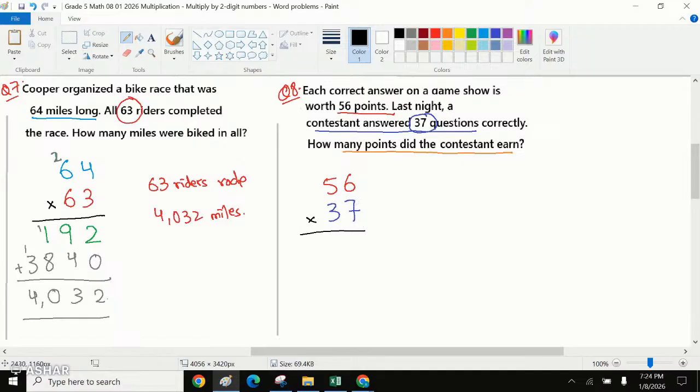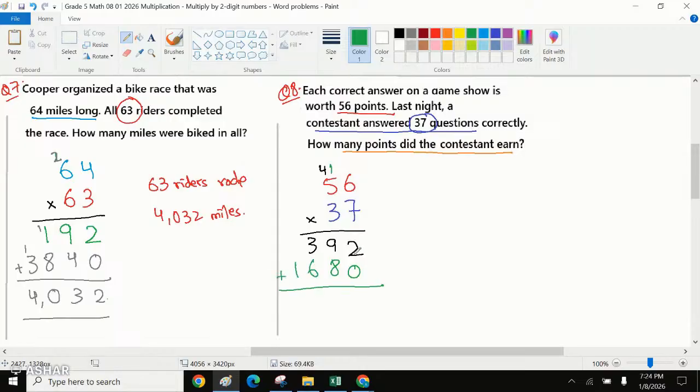6 times 7 is 42. You put down the 2 in the units, we carry the 4. 5 times 7 is 35, plus 4 is 39. The next part, we put a 0 in the units. 3 times 6 is 18 and 1 is carried. 3 times 5 is 15 plus 1 is 16.